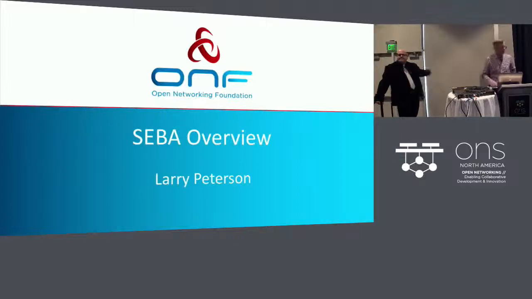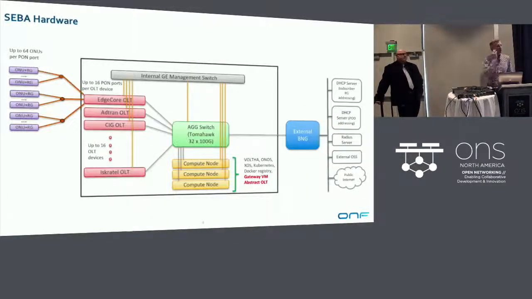So again, a SEBA overview, software-enabled broadband access. I'm going to have a few slides, and there's a demo across the hall. I encourage you to go see it if you haven't already. Basically, this is a site within a large carrier network out towards the edge where fiber to the home is implemented.